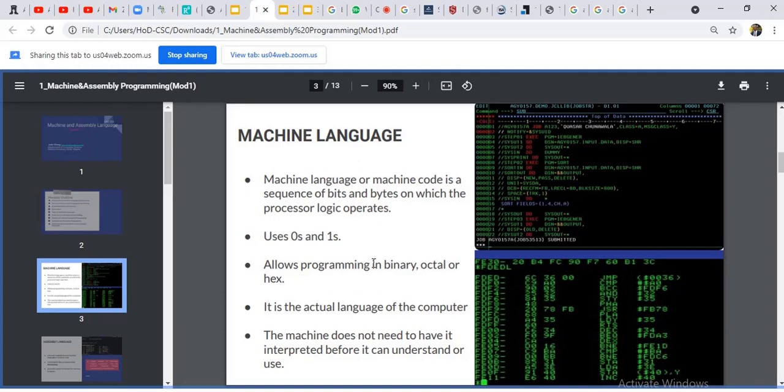If your native language is Igbo or Efik or any of the languages around the world, if it is your mother tongue, what you were born into, you won't need an interpreter. You won't need a translator. You won't need an intermediary person to simplify the language to you. So for a computer processor, its own native language is the machine language, which is expressed in zeros and ones. As such, the processor will not need any form of translation of the language.